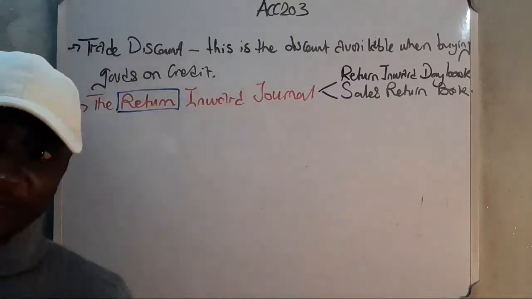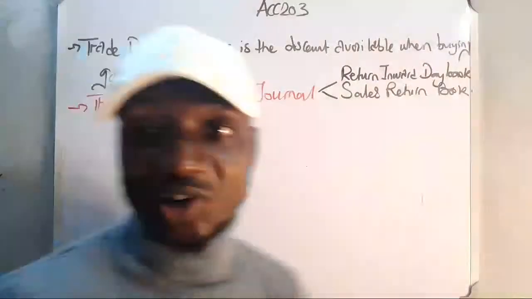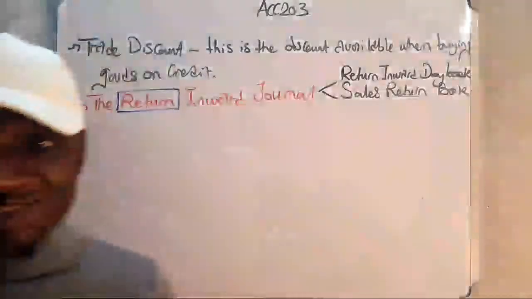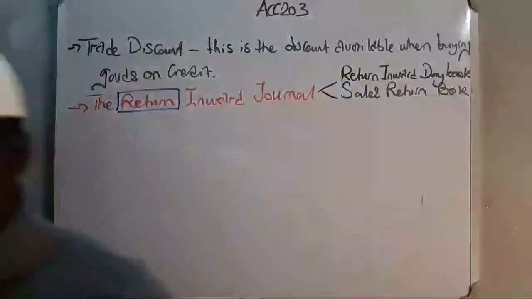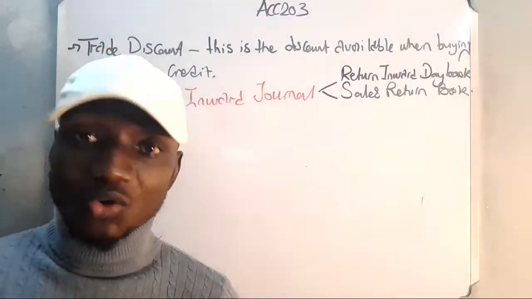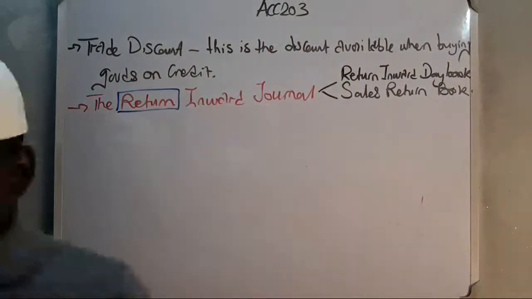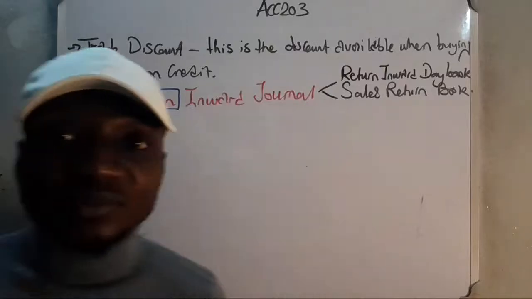It could be maybe the customer ordered for model 20, you give her model 19.5. Or maybe she ordered for model 20, you give her model 20, but what she wanted was color blue, you give her color red. Specification issues.